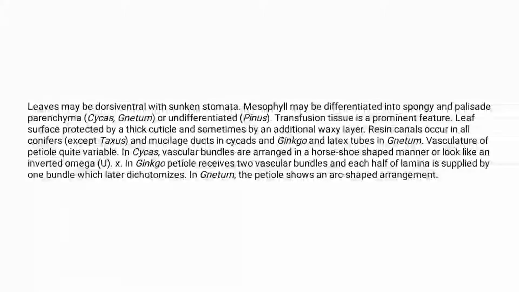If you look at the mesophyll tissue, it is differentiated into spongy and palisade parenchyma in Cycas and Gnetum. In case of Pinus, what happens? This mesophyll tissue is not differentiated. There is a special kind of mesophyll cells present in Pinus.